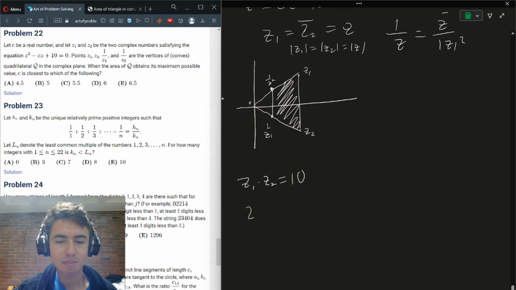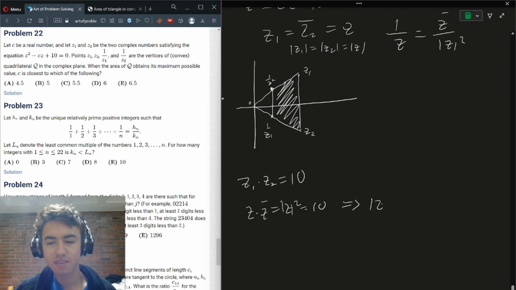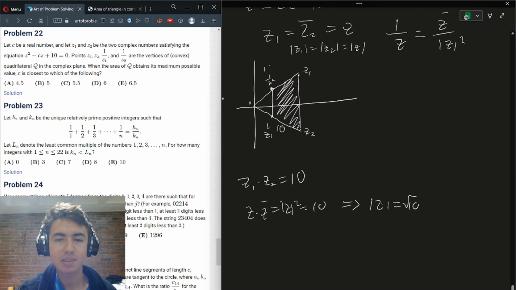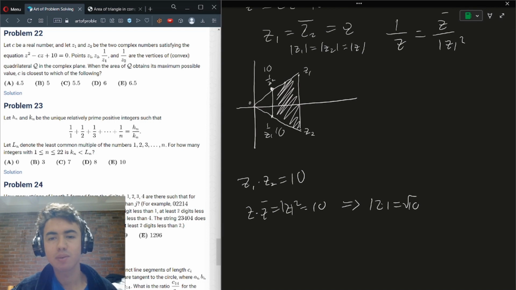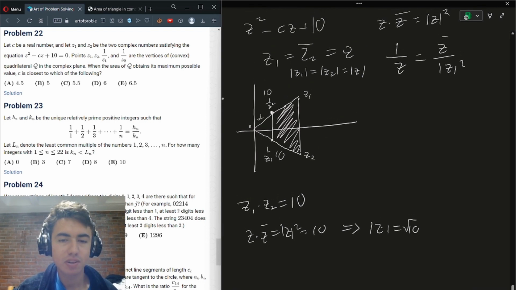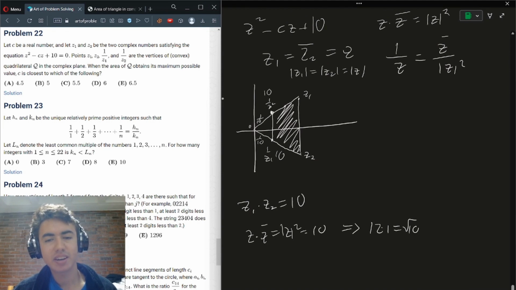And since this is the same as just saying z times z conjugate, which is equal to the absolute value of z squared is equal to 10, that gives us that the absolute value of z is equal to the square root of 10. So we know that these side lengths right here, up to z1 and z2, must be square root of 10. And similarly, then the side lengths up to 1 over z1 and 1 over z2 must be 1 over square root of 10, right?